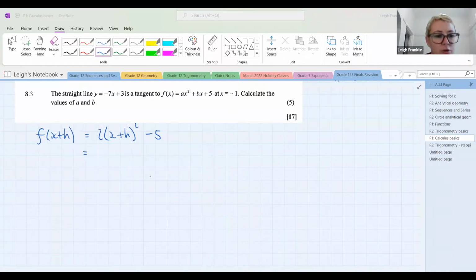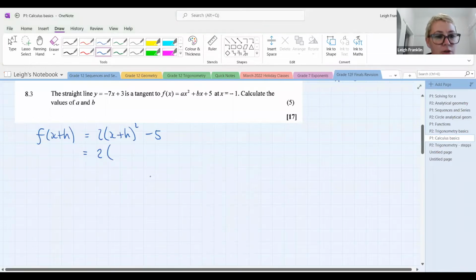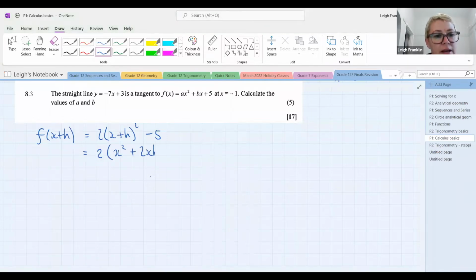So on the outside, we've got our 2, and here we've got x squared plus 2xh plus h squared. There I've squared the binomial, minus 5. The last thing we want to do is remove the brackets, so that will give us 2x squared plus 2xh plus h squared minus 5. None of those are like terms, so they all just have to stay as they are.